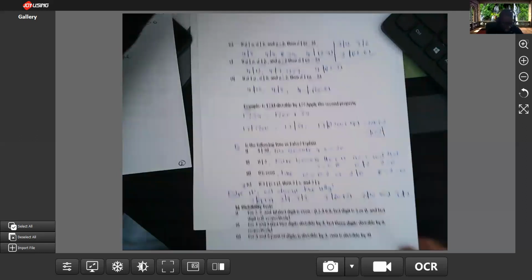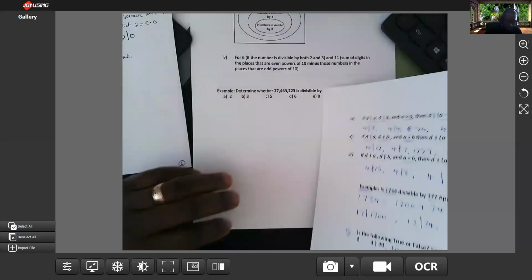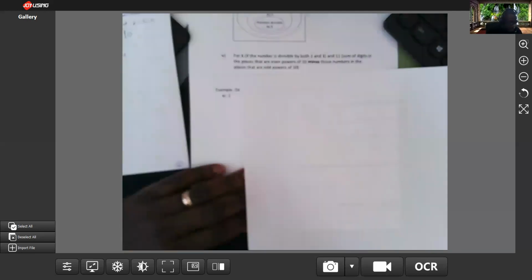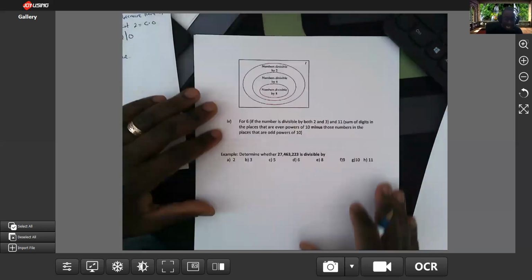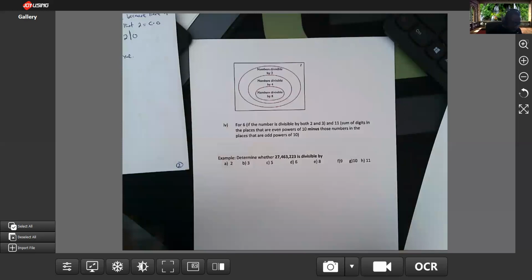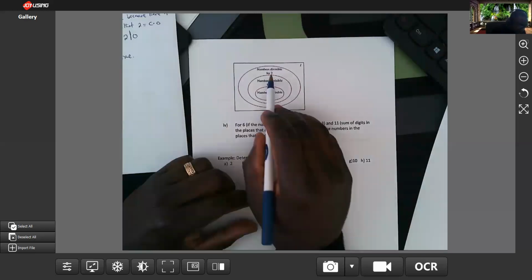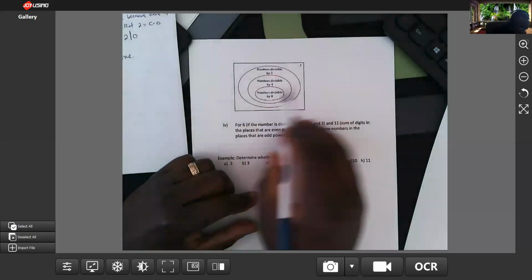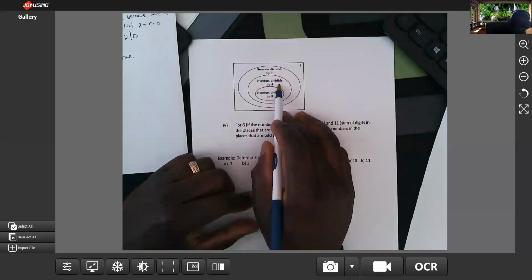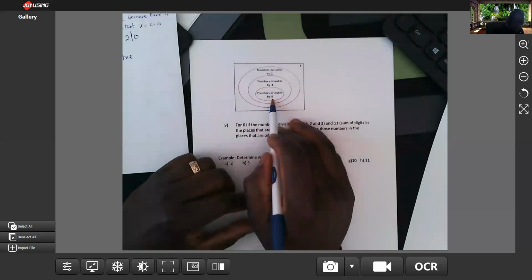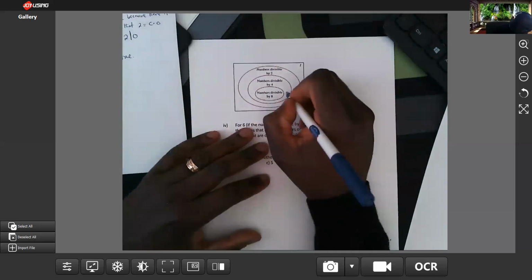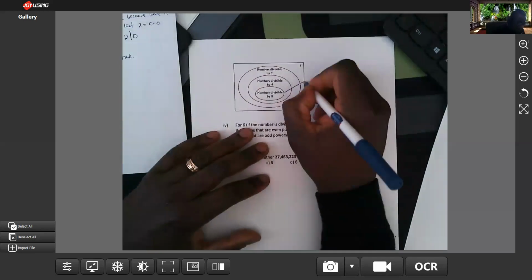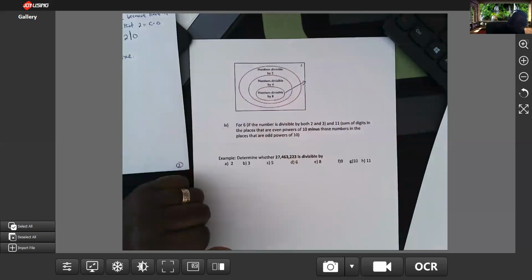Now let's go to the other tests. Before we do that, let me explain this diagram. Now this diagram says: numbers divisible by 2, numbers divisible by 4, numbers divisible by 8. Now going from inside out is true.